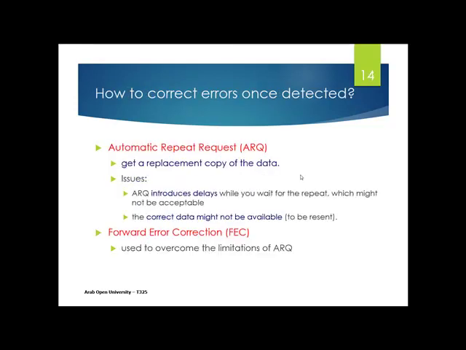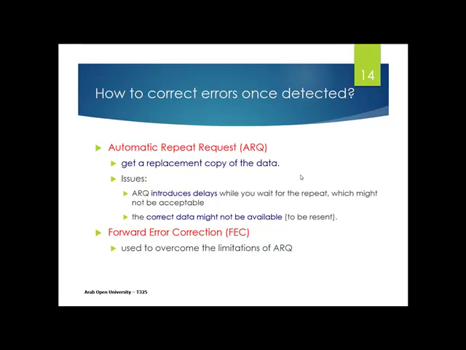So the question is, what do I do, or how do I correct the errors when I detect them? A very basic mechanism is that if I detect an error, I ask for a replacement of the data that is erroneous.